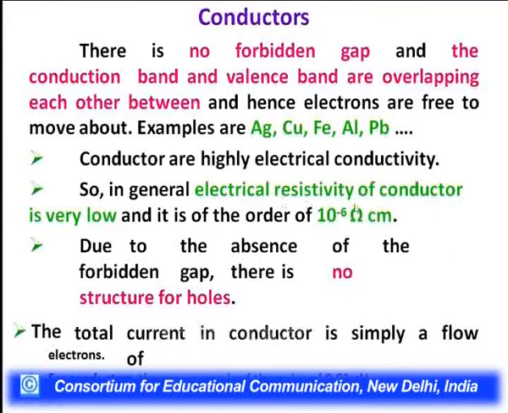In general, the electrical resistivity of a conductor is very low, because resistivity is inversely proportional to conductivity. If the conductivity increases, then the resistivity will decrease. The electrical resistivity of a conductor is of the order of 10 to the power minus 6 ohm centimeter.